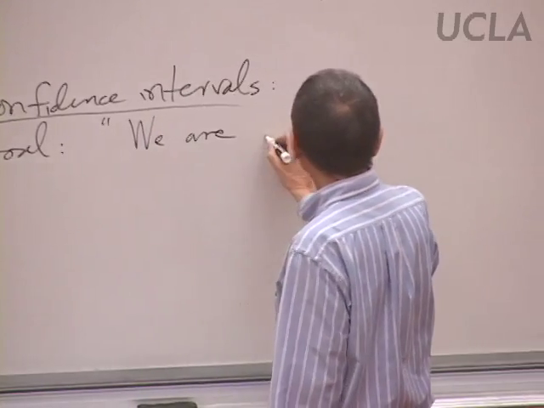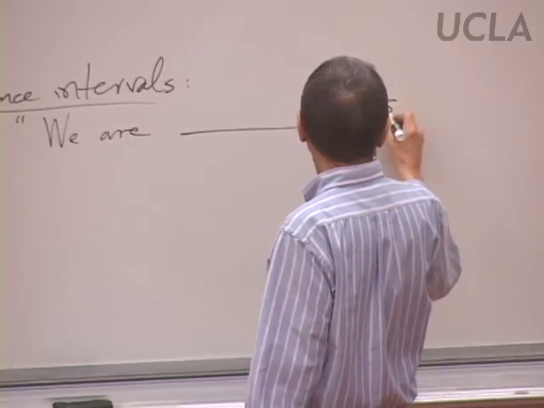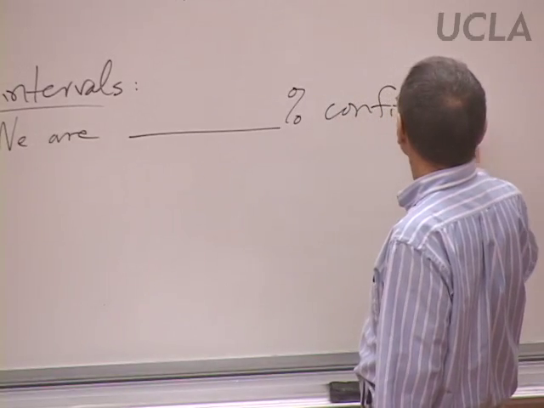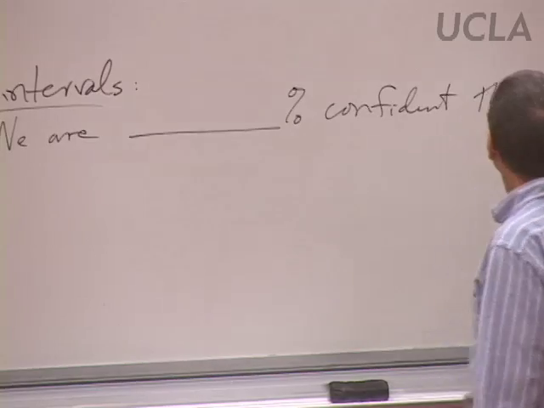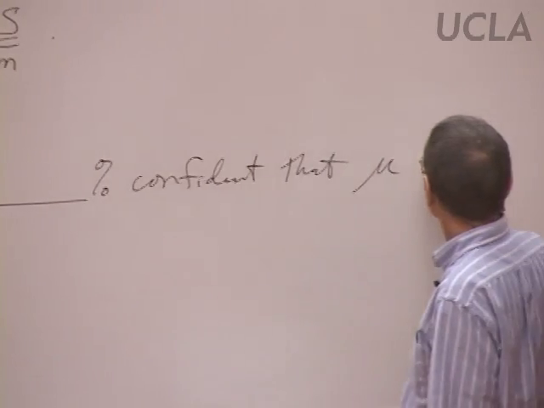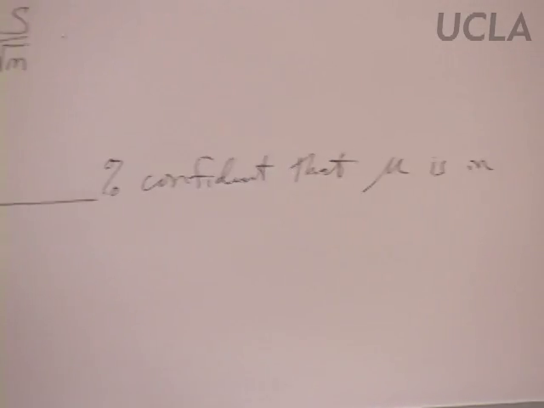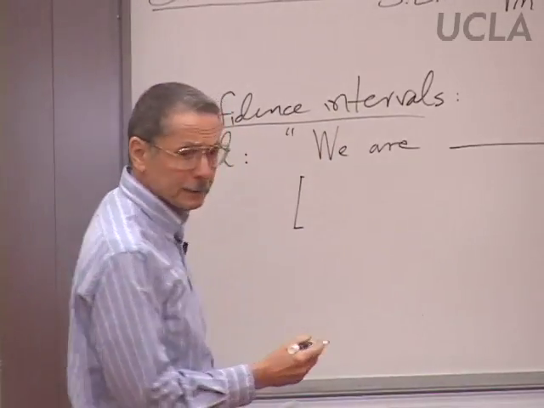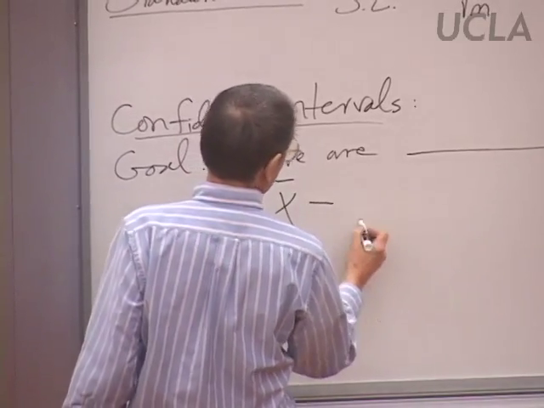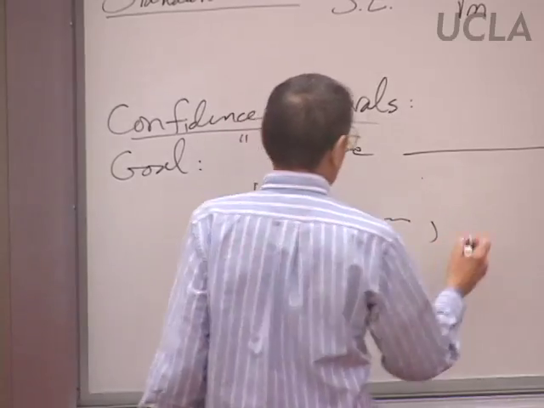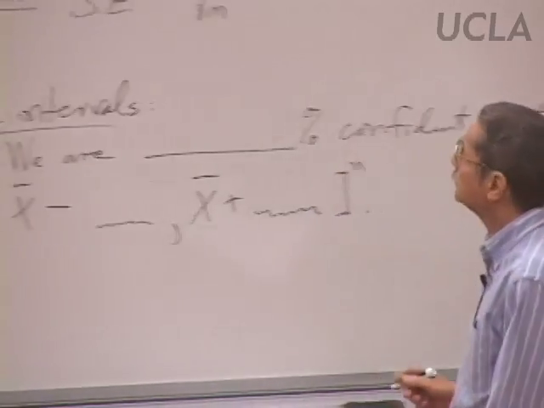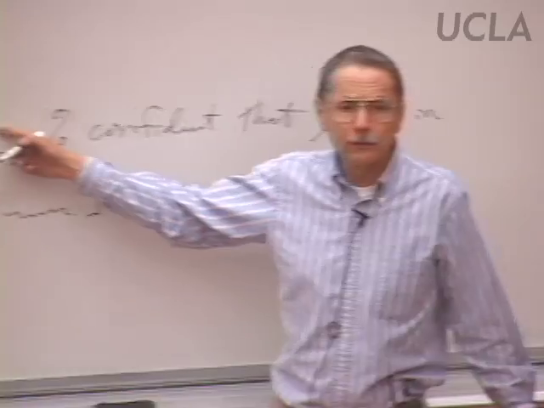We are, well, some percent certain, confident that the mean of these measurements, the thing we don't know, is in some interval. And that interval will be centered at the sample mean. So it will be x bar minus something up to x bar plus that same thing. And we want to know how to fill in these two blanks.